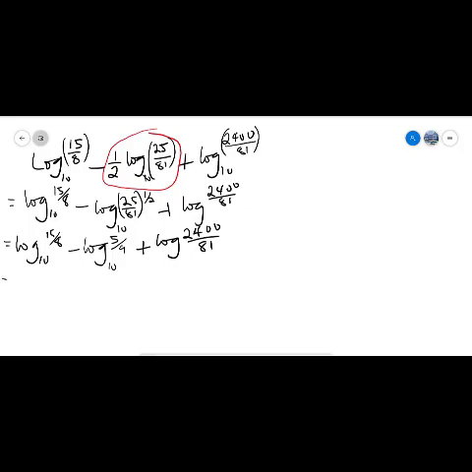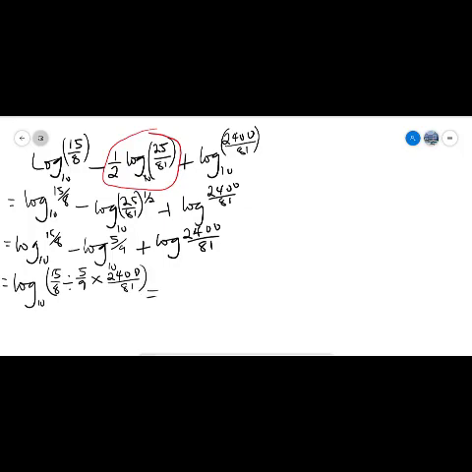Okay, you must remember the laws of logarithm. They all have the same base. Now, because we know that they have the same base, we combine them. So now, because these two are subtracting, the numbers we divide, we have divided by 5 over 9 times 2400 over 81.